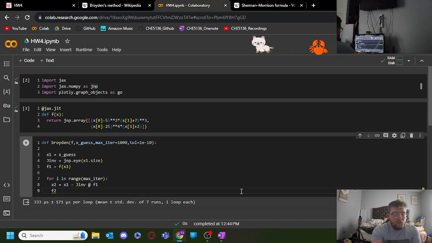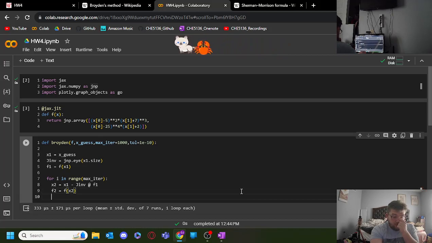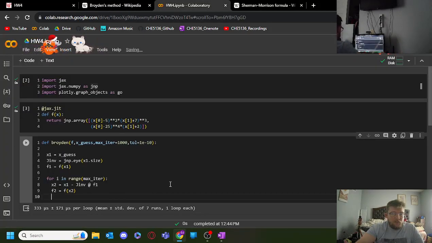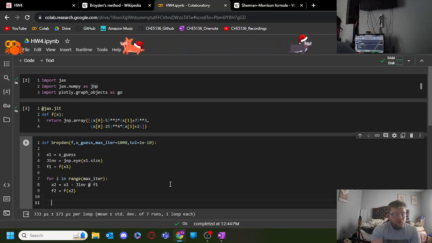So now we can calculate our f2 using x2. Got that. And then got our updated. Now if our updated value is close enough to 0, we want to break out this loop.